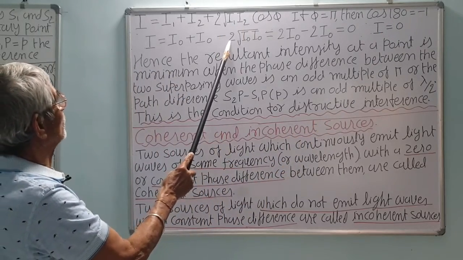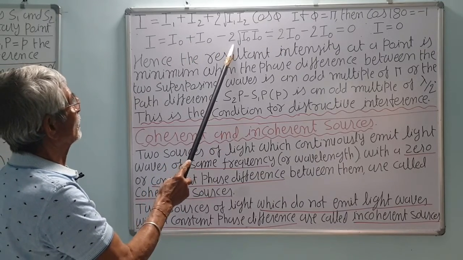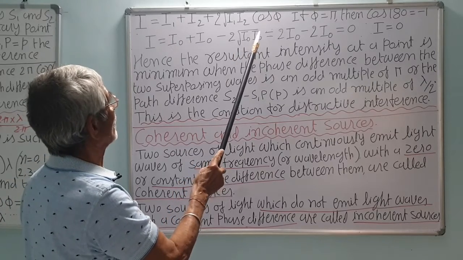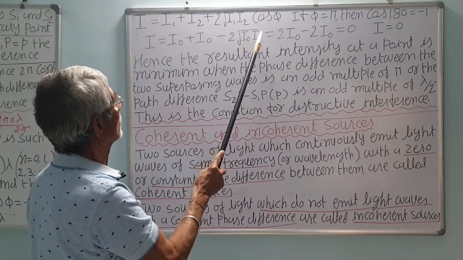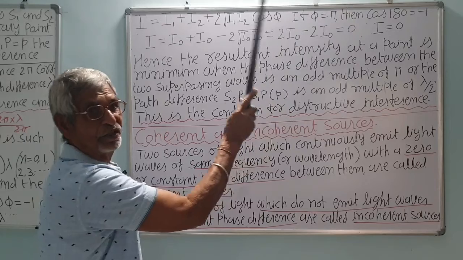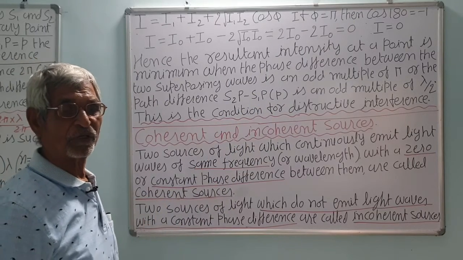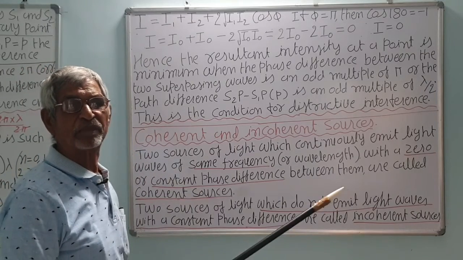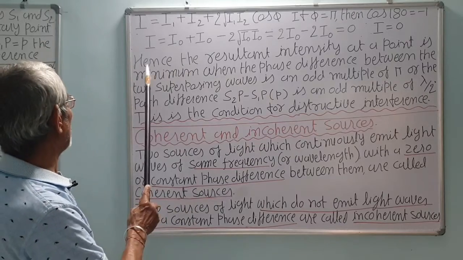So this is 2I0 plus minus 2 into I0, that is minus 2 under root I0 square, that is minus 2I0, so net is 0. You can see intensity is 0 and a dark fringe will be observed. When intensity is maximum, that is 4I0, a bright fringe is observed. Correct? These are fringes or bands.